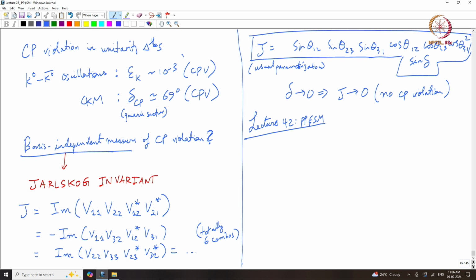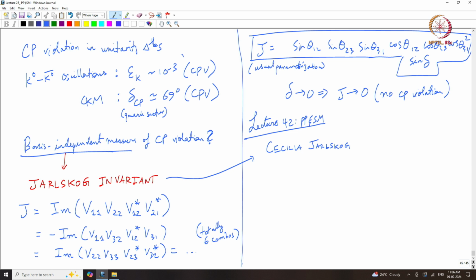Let me begin this lecture by first pointing out who discovered this invariant. Okay. It is important to know physicist names. It was discovered by Cecilia Jarlskog, who I believe is a Swedish physicist, okay, and I think it is an amazing contribution that she made to particle physics.